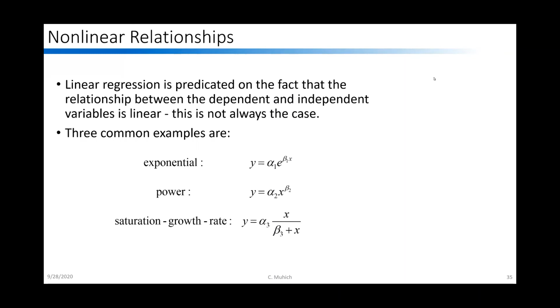We can just do that all by computation. And we can take many types of equations, such as exponential equations, power-based equations, or in chemical engineering, saturation growth rate equations, and convert them into a form that linear regression can be applied to. So we can change out of one form of an equation into another form that's going to be easier to solve.